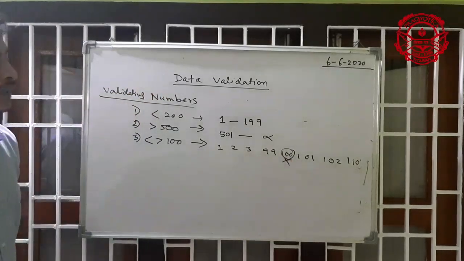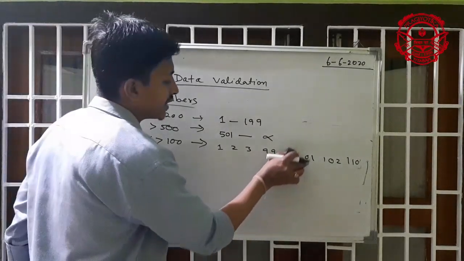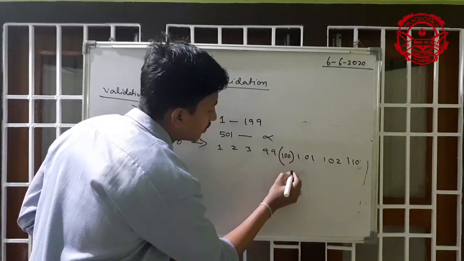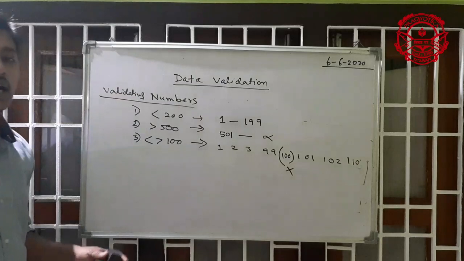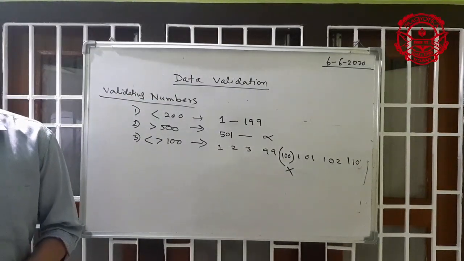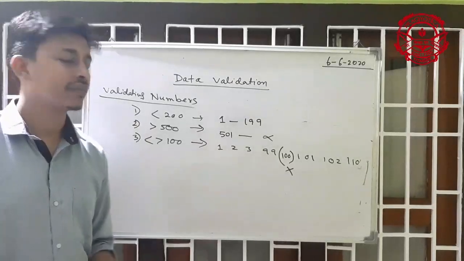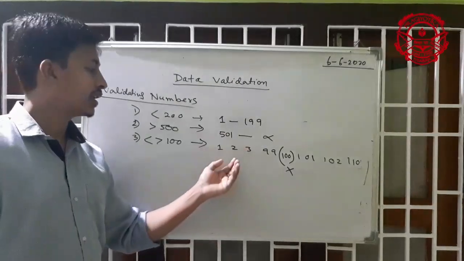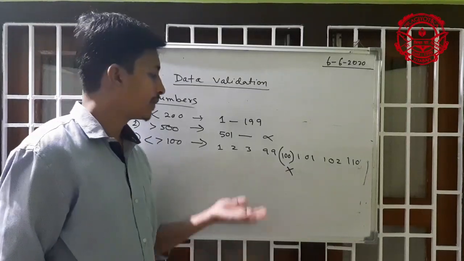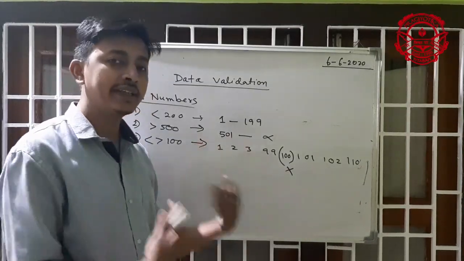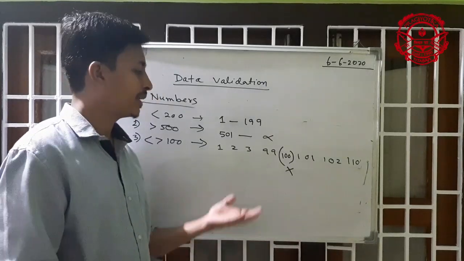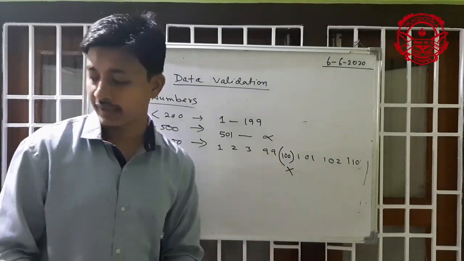The value should not be 100. Just skip 100 and the others will be accepted.